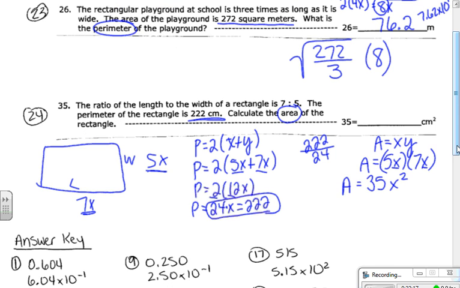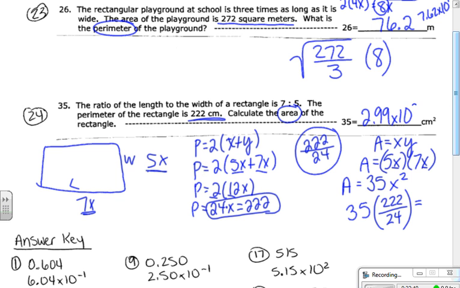And we know what x is. We just found out by dividing our perimeter by 24. So to find the area, you would do 35 times your value that you got whenever you divided those two quantities. And that will give us our final answer for the area, which is going to be 2.99 times 10 to the third power, which would also be 2990.